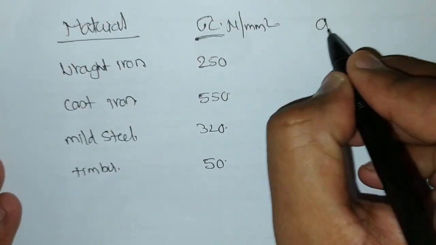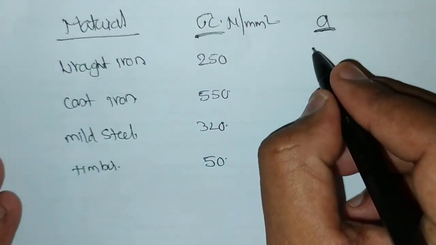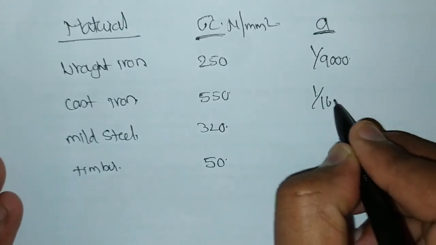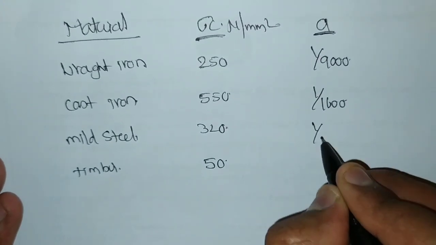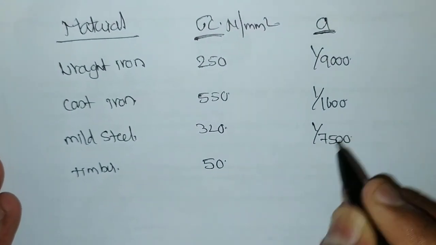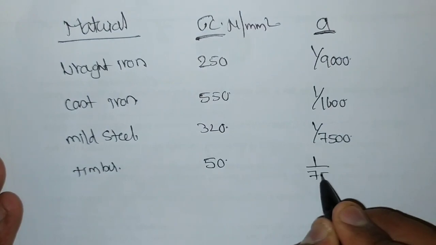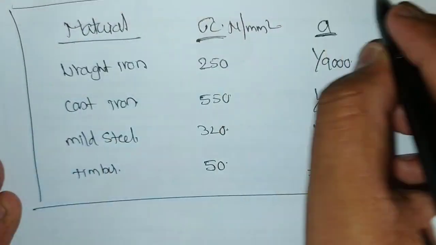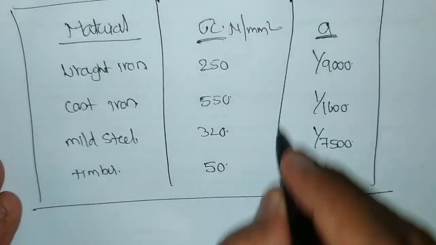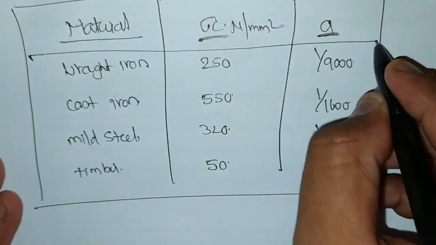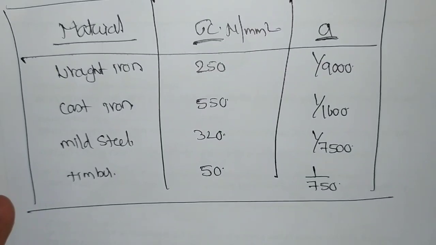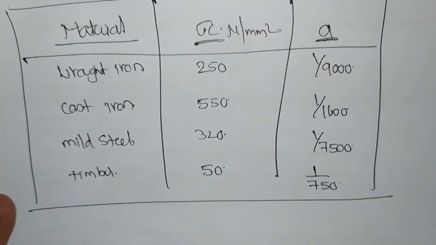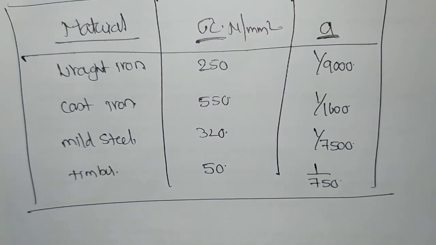Now the Rankine's constant a value for wrought iron is 1 by 9000, for cast iron is 1 by 1600, for mild steel is 1 by 7500, and for timber is 1 by 750. These are the constant values with respect to Rankine's formula. In some cases these values are given in the problem itself. If they are not given, you have to memorize these and solve the problem. So these are the standard conditions.